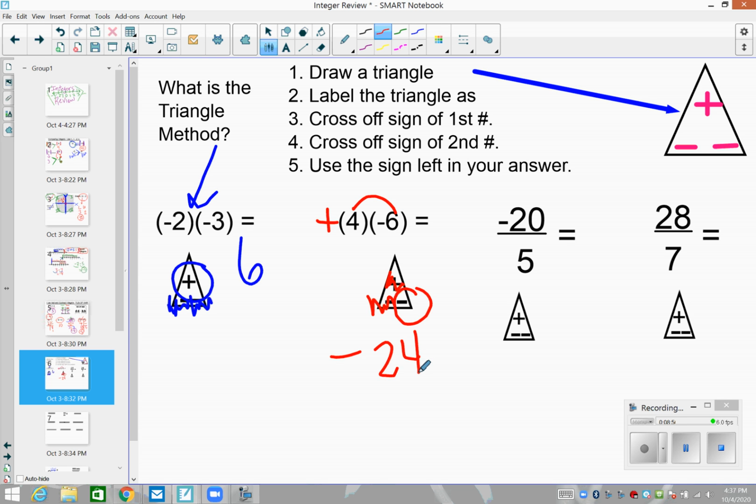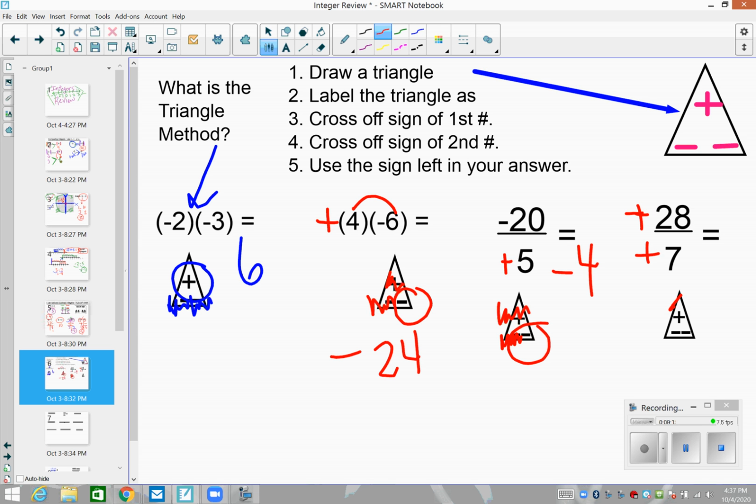Again, pause and rewind at any point. Now division works the same way. So we have a -20 divided by a +5. The result of the sign is negative, and 20 divided by 5 is 4. All right, so this last problem, we have a positive divided by positive.